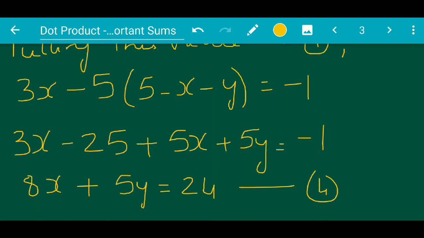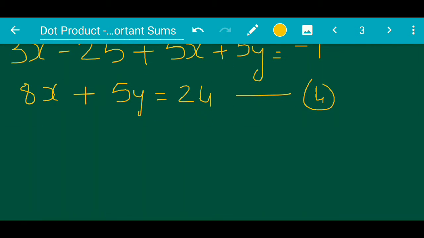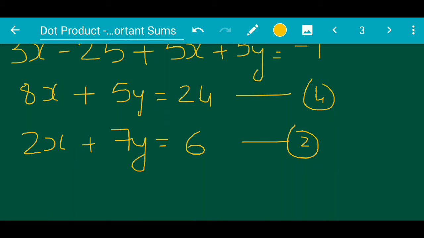Now compare equation 2 and equation 4. Let me write equation 2 over here for you to compare. So equation 2 is actually 2x plus 7y is equal to 6. You can solve 4 and 2 in any way you want. You can solve it by using Cramer's rule, or you can solve it by equating the coefficients. Any way you can solve it. So here I am going to multiply equation 2 by 4.